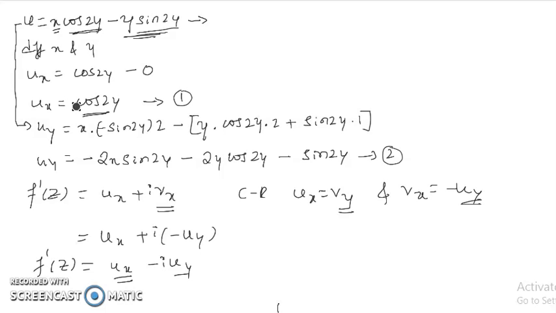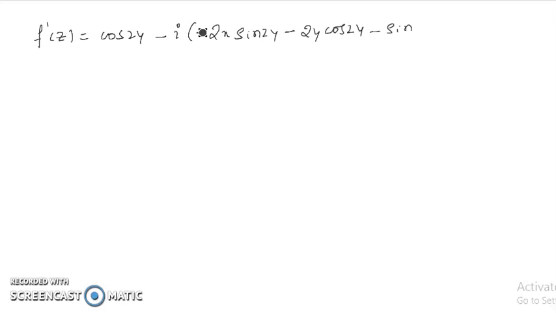Now ux and uy we know, we are going to substitute those two. That is f dash of z is equal to, ux is cos 2y, minus i times uy, where uy is minus 2x sin 2y minus 2y cos 2y minus sin 2y.